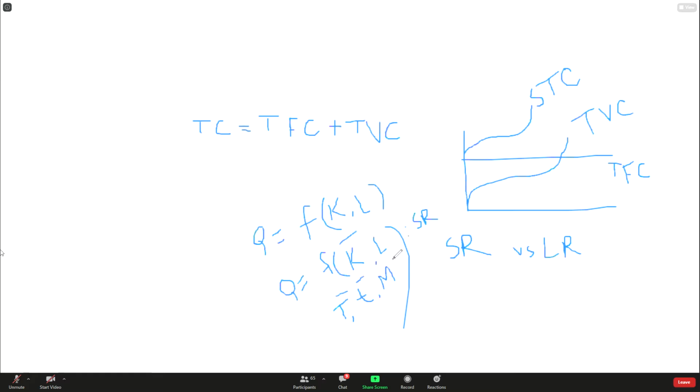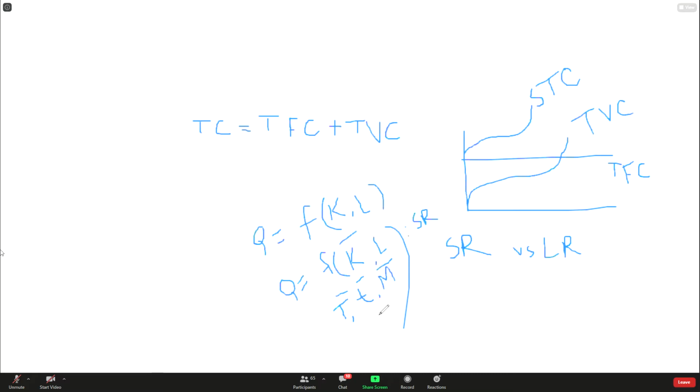Look, for example, if I have written the function like this, what does it mean? Is it short run or long run? I have said in the definition of short run that at least one of the factors is fixed.